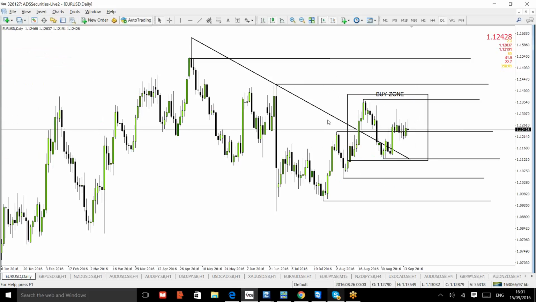This was the trend line, right? The price was here. So the rules were the same. If it breaks and retests, I'm going to buy. Simple as that. It breaks. Did you see it break?